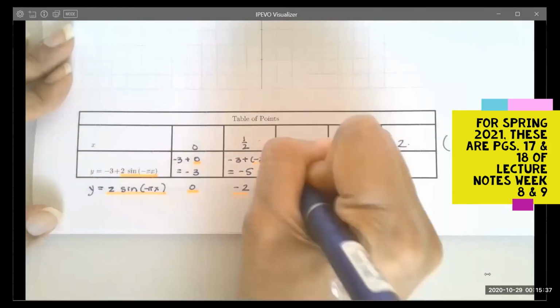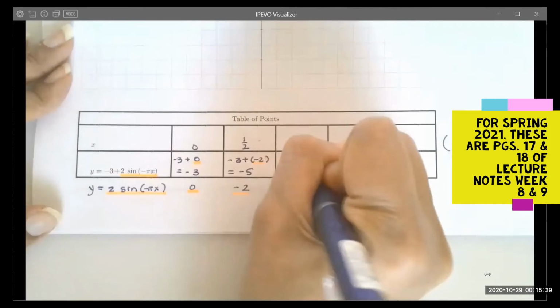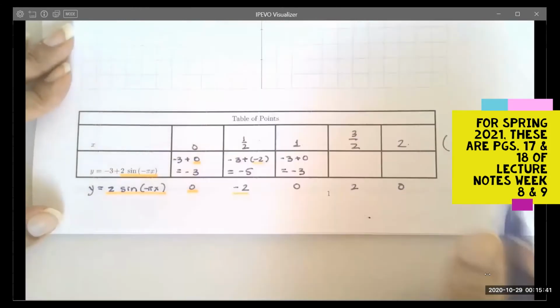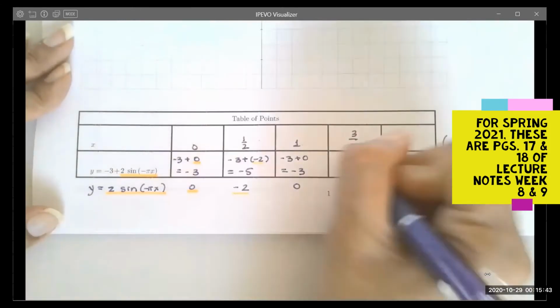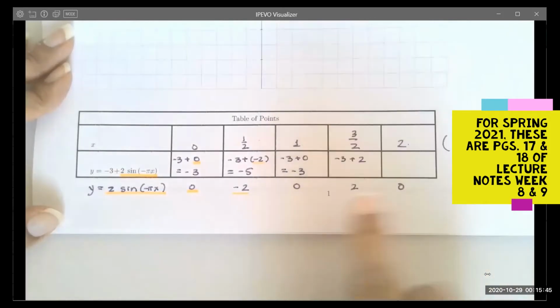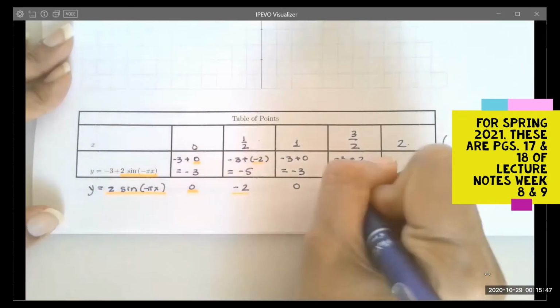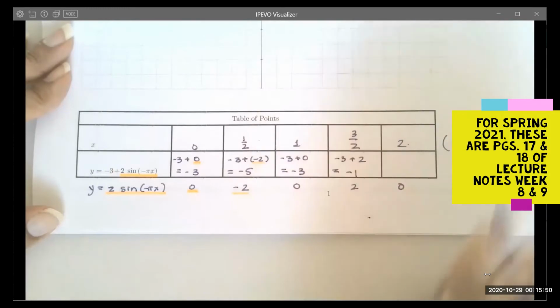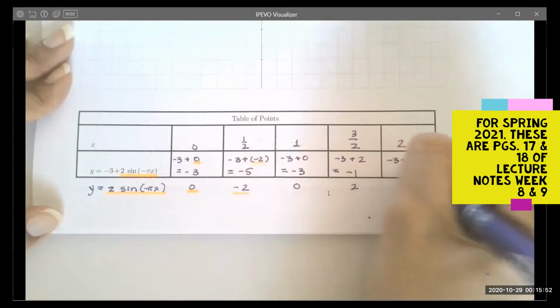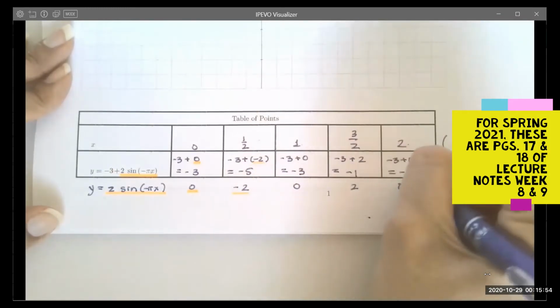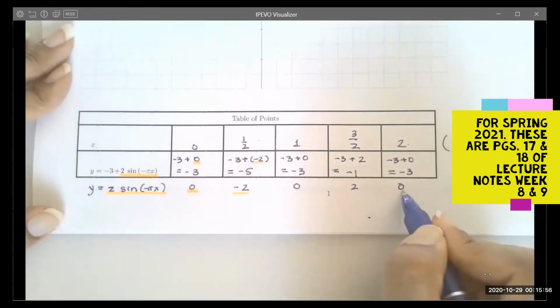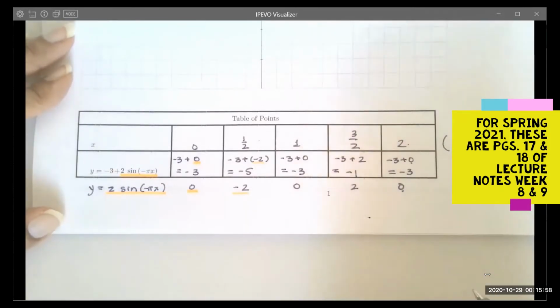So this one's going to be -3 plus 0, which gives us -3, followed by -3 plus 2, because this y value without the shift was a 2. So we'll get a -1. And then -3 plus 0, which is going to be -3, because we're just transferring over the 0.